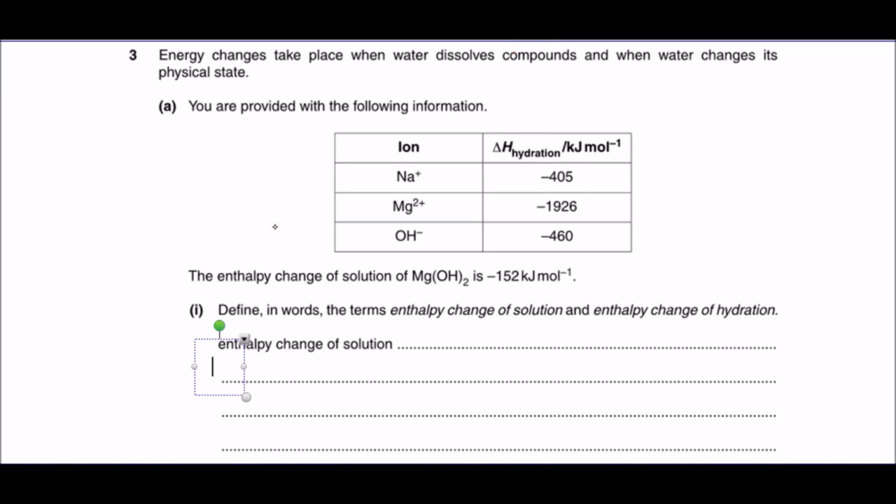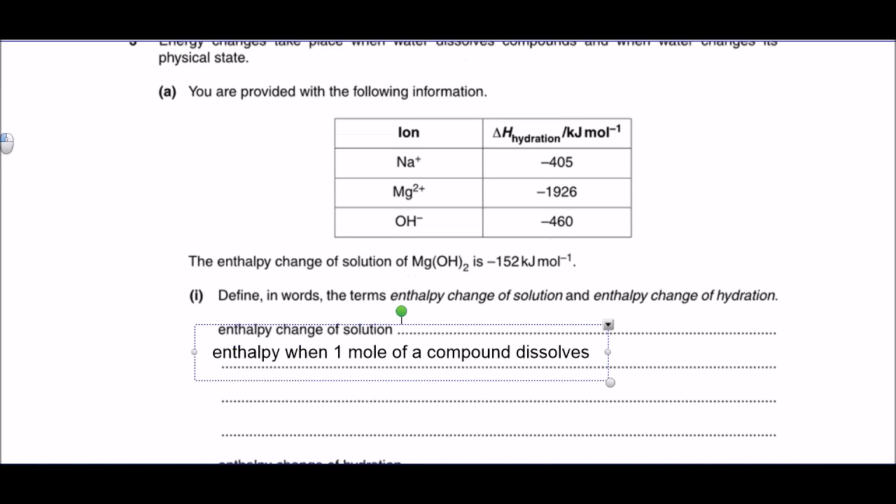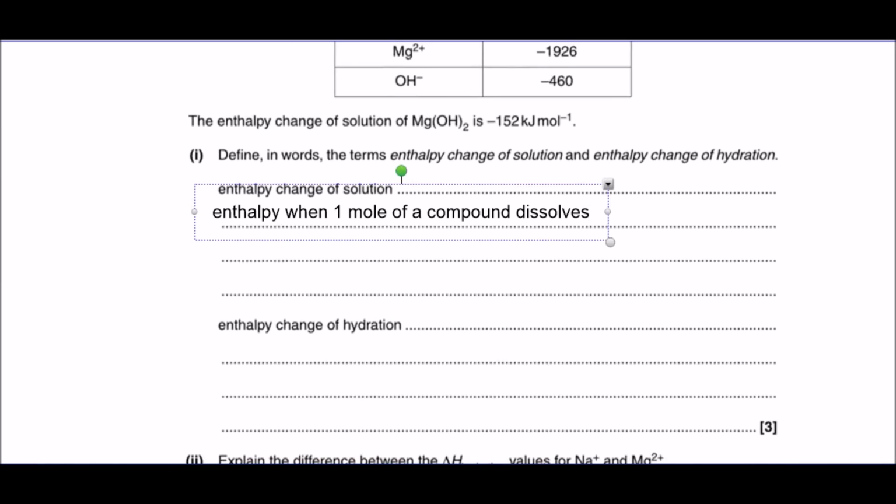So we've got enthalpy change of solution, one of the very easy ones. So enthalpy change when 1 mole of a compound dissolves. It's that simple for that first one. Next definition, enthalpy of hydration.